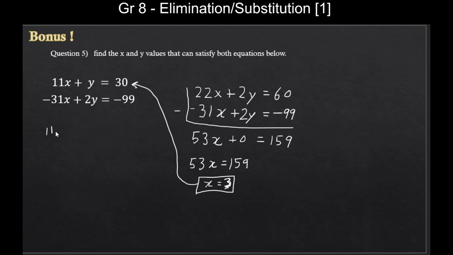So 11 times 3 this time, because we know our x value, which is 3, and we don't know the y value yet, is equal to 30. 11 times 3 is equal to 33, plus y is equal to 30. If we move 33 to the other side, it's going to be y is equal to minus 3. There we go. We eliminated y and still got the answers.